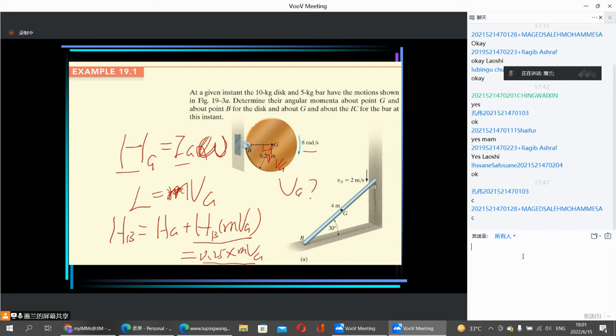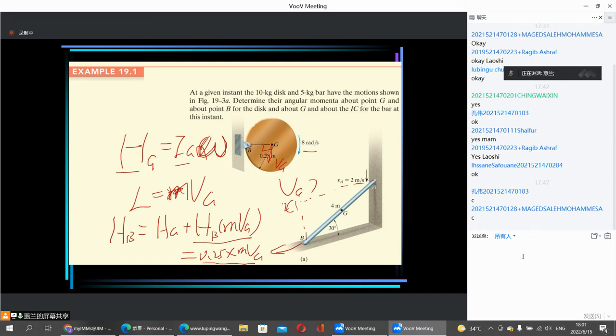For the bar AB, we know VA is downward, VB should go to the left, horizontal, and then draw the perpendicular lines, and this will be the IC.